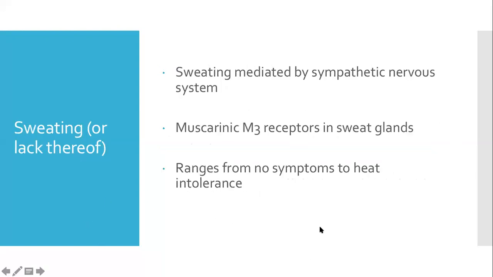So moving on a little bit, and as I said, I'll come back to treatment at the end, to one of the other symptoms we see, not as common as orthostatic hypotension, but definitely patients do bring this up: sweating or lack of sweating, heat intolerance, all in the same spectrum. Sweating is mediated by the sympathetic nervous system as well.